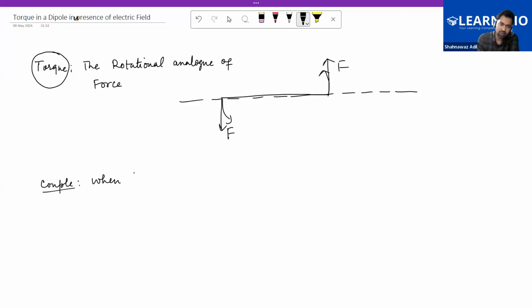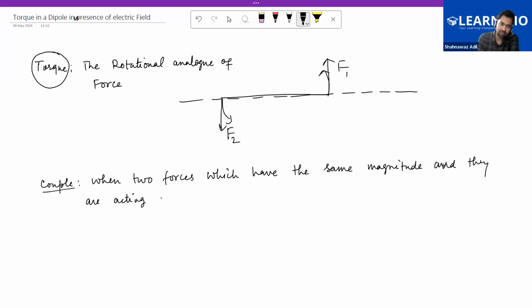When two forces, let's say this is F1, this is F2, which have the same magnitude and are acting in the opposite directions, then it is called a couple.